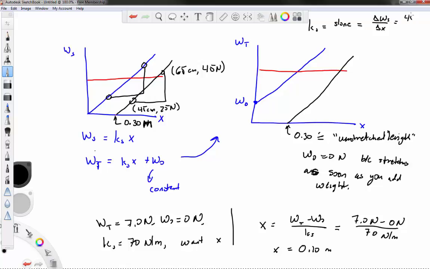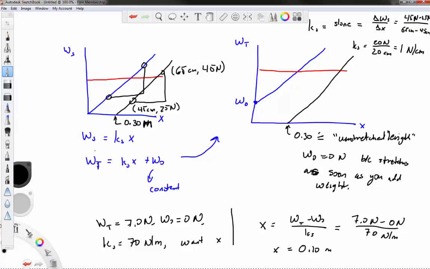That's the change in weight, 45 newtons minus 25 newtons, divided by the change in length, 65 centimeters minus 45 centimeters. And so Ks, therefore, 45 minus 25 is 20 newtons. 65 minus 45 is 20 centimeters. And so this is 1 newton per centimeter.